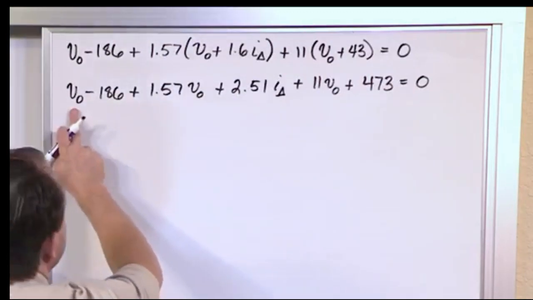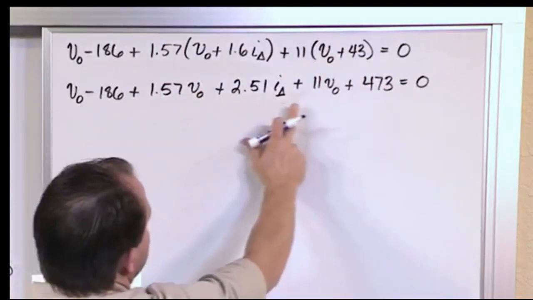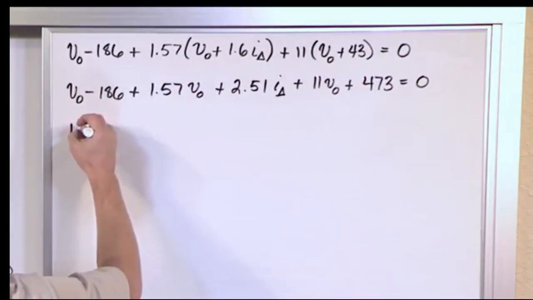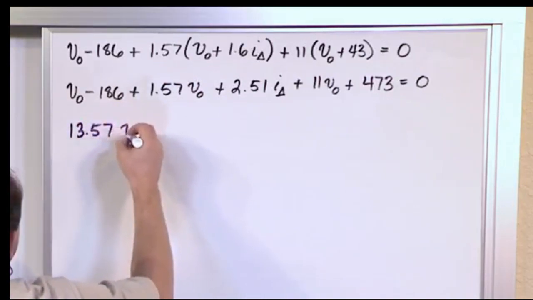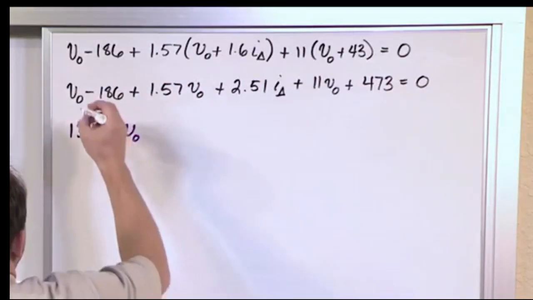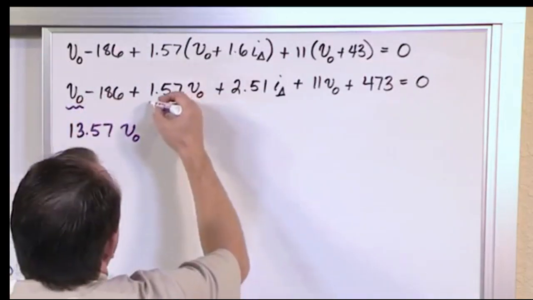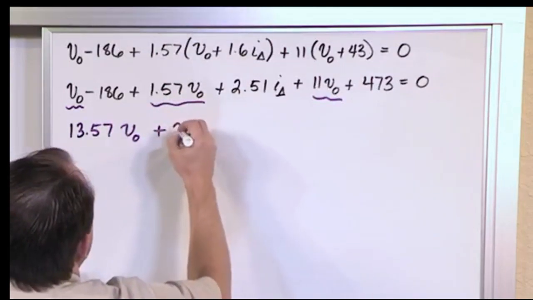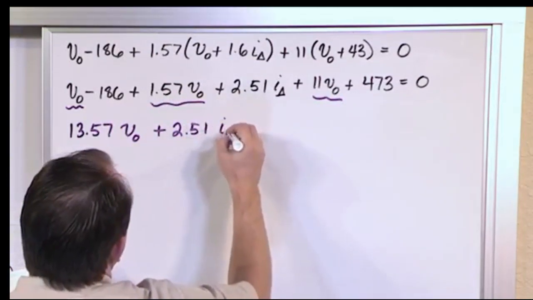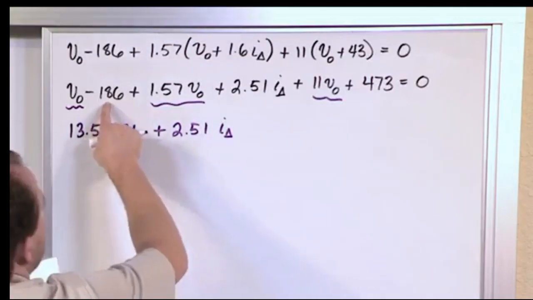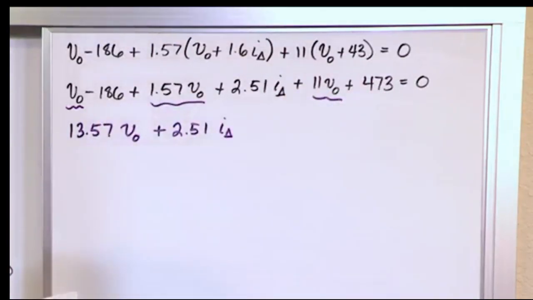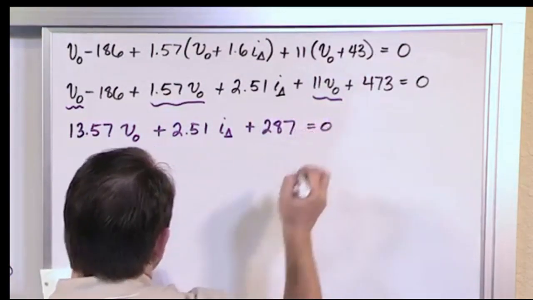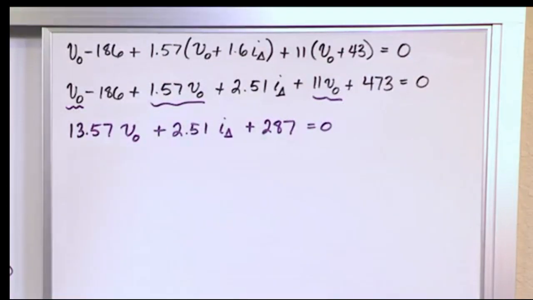We have 1 V naught here, 1.57 V naught here, and 11 V naught here. And when you add all of these together, what you're going to get is 13.57 V naught. Okay, so we've taken care of this term and this term. So the only other thing we have is this 2.51 I delta. All right, and then we have the constants. Negative 186 plus 473 is 287, and all of that is equal to 0. Okay, so we've simplified that equation.